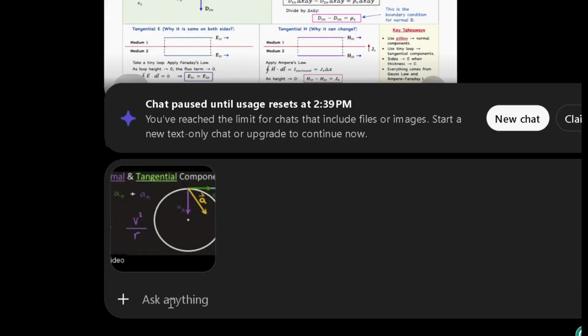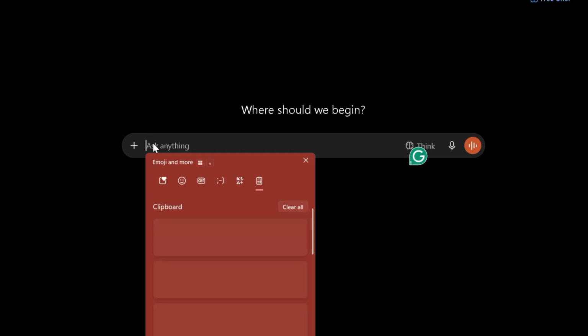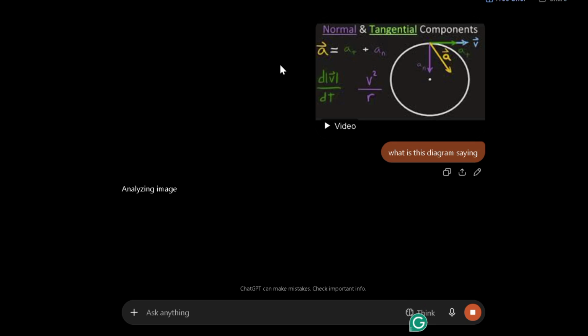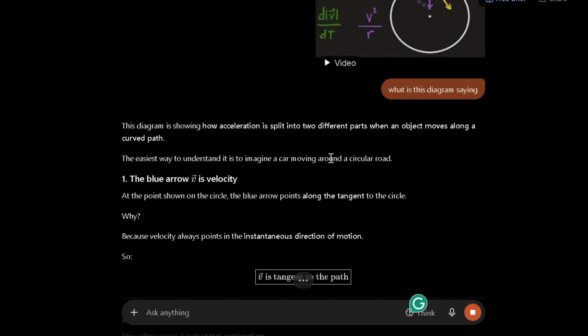What is this diagram saying? This diagram is showing how acceleration is split into two different parts when an object is moving along a curved path.